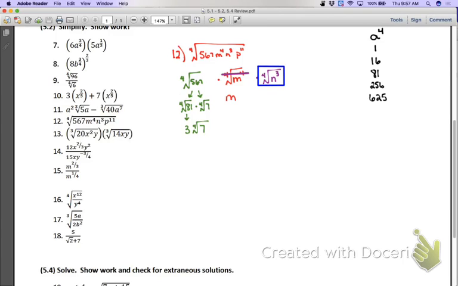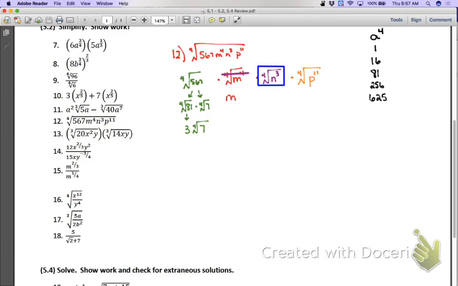The last one then is going to be the fourth root of p to the 11th. So if I have 11 people, how many groups of 4 can I have? 2 groups of 4.